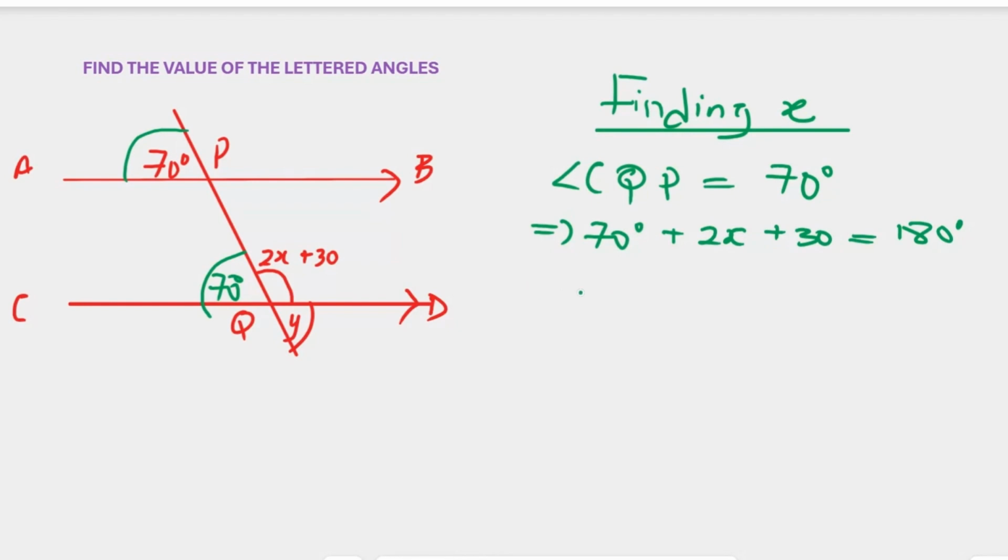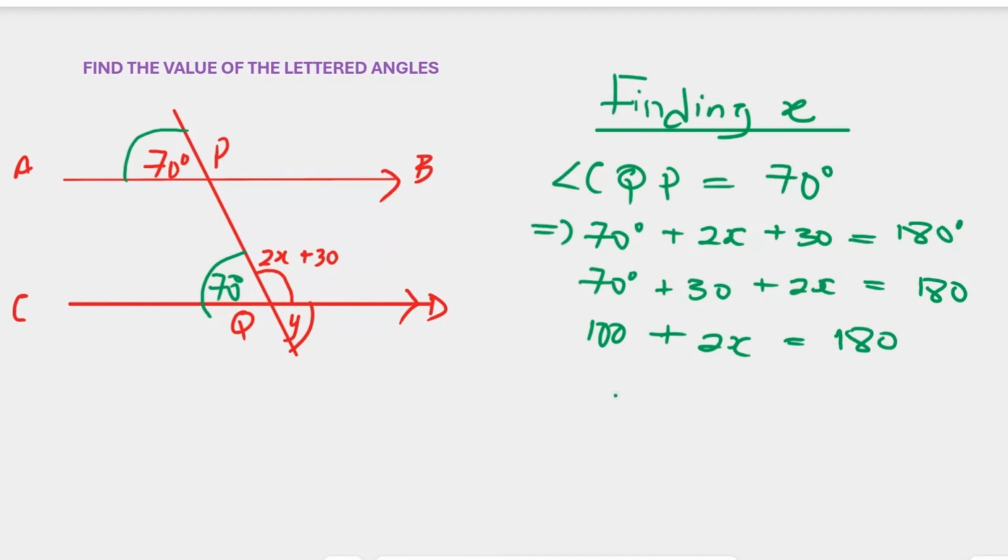So what do we do? We just have to collect like terms. 70 and 30 are like terms, plus 2x equal to 180 degrees. So 70 plus 30 is going to give me 100, right? 100 plus 2x is going to be 180 degrees. So making x the subject, we have 2x on this side, and we take 100 to the other side, or we subtract 100 from both sides.